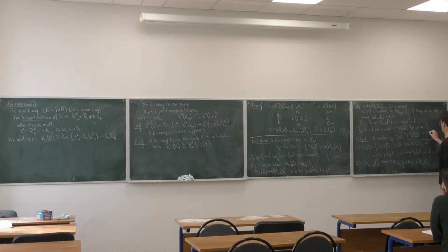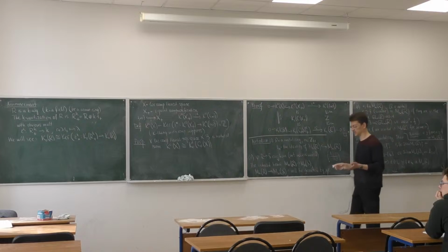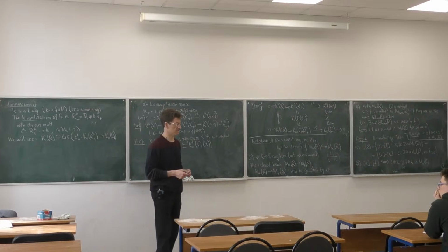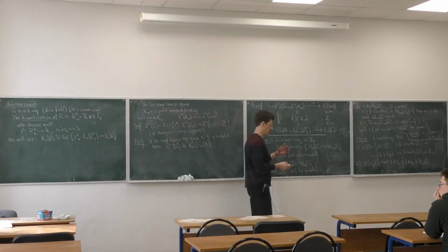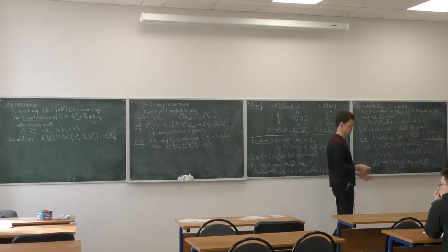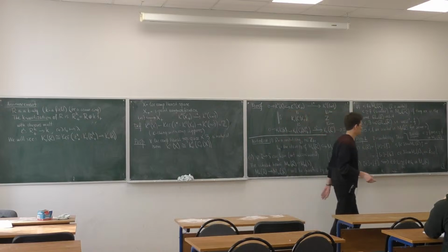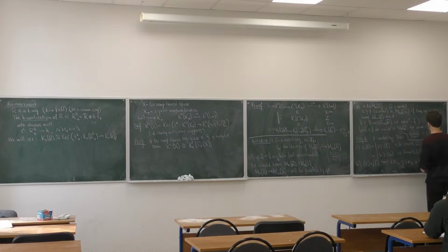Two idempotents are algebraically equivalent if and only if they are similar in M infinity of R. This follows from our earlier result that in any ring, any two similar idempotents are algebraically equivalent. And if two idempotents are algebraically equivalent, they then become similar in the bigger matrix ring. So as a result, if we work from the very beginning with infinite matrices, then these two equivalence relations are the same.